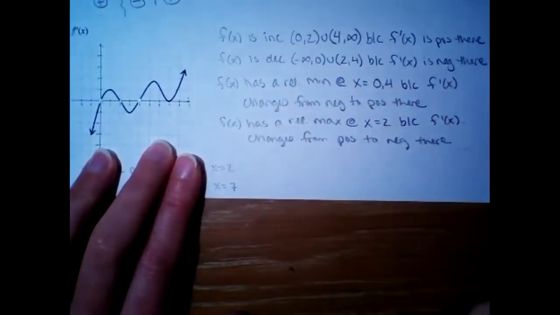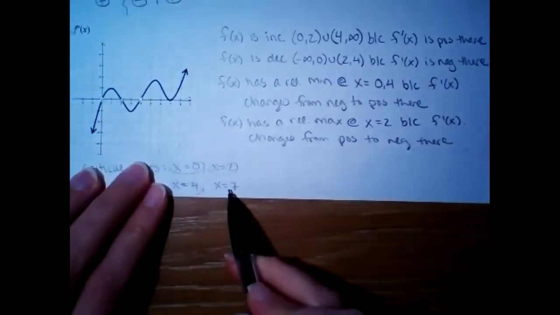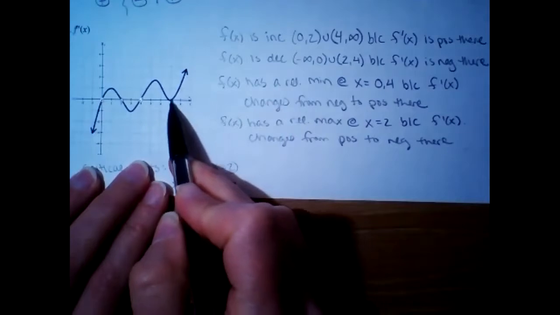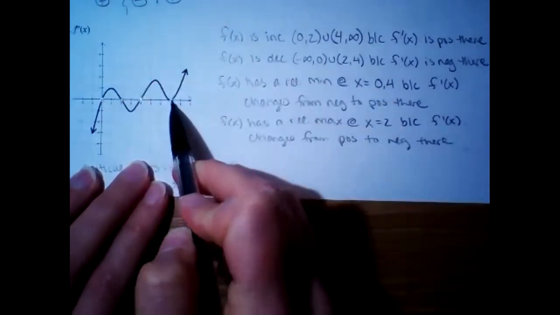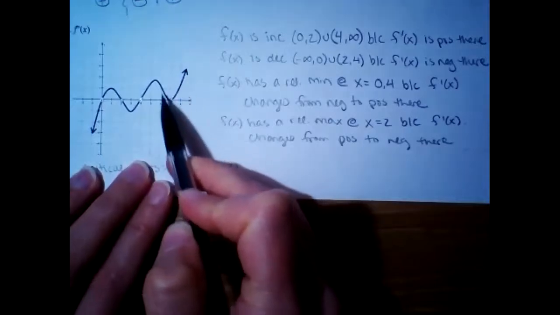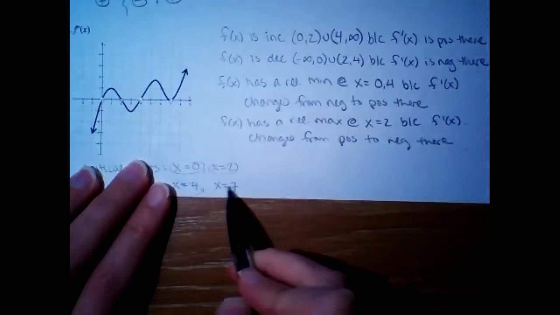And I'm really sorry, but there is one more sentence because we didn't talk about 7 yet. So we do have to mention that. What's going on at 7? Well, we don't have a change in sign for the derivative. It doesn't change positive to negative or negative to positive. There is no change in sign. So we don't get a relative maximum or a relative minimum there. It's a candidate.